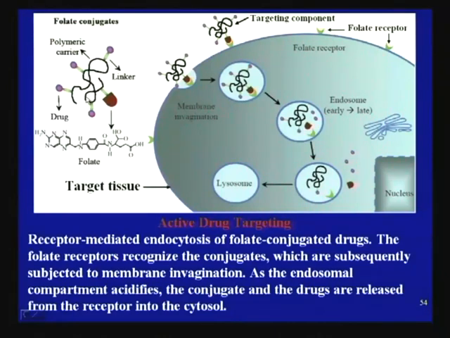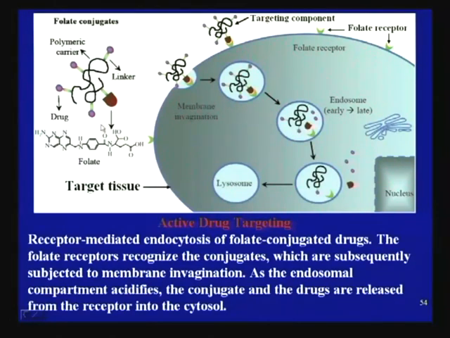So, actually after injection, it will go through the membrane into the cell. Now, if there is a receptor, folate receptor, this is the receptor, this is the folate connected to the polymer to which drug molecules are connected.